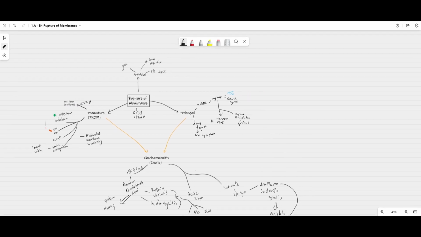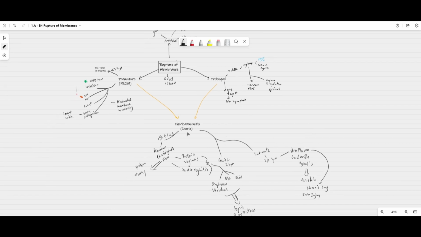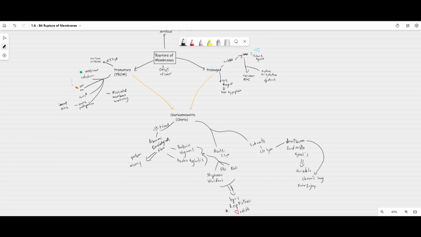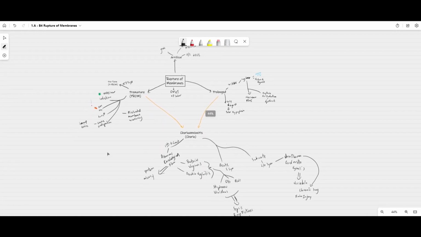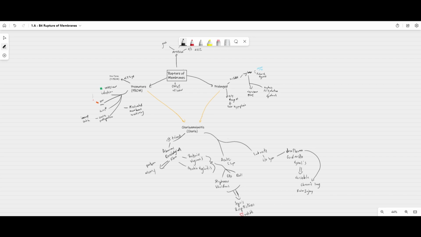It can be prolonged if it's over 18 hours due to long labor for a bunch of different factors. The baby can have some problems with oligohydramnios and pulmonary hypoplasia, and all of these can lead to chorio, which can be acute with symptoms, subacute without symptoms, and lead to a lot of different complications with our baby. So that is all we have for this one. We'll talk to you soon.